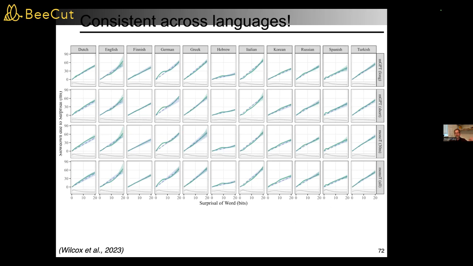So in all 11 of the languages that we've looked at in an 11 language study by Wilcox et al., a 2023 paper, we see over orders of magnitude, over many ranges of bits of surprisal, this relationship is linear or extremely near linear. And even with the exception of Hebrew, which we don't really understand why there's an exception, not only is the fact that it's linear similar, but the milliseconds per bit measure in eye movements and reading is very similar as well.